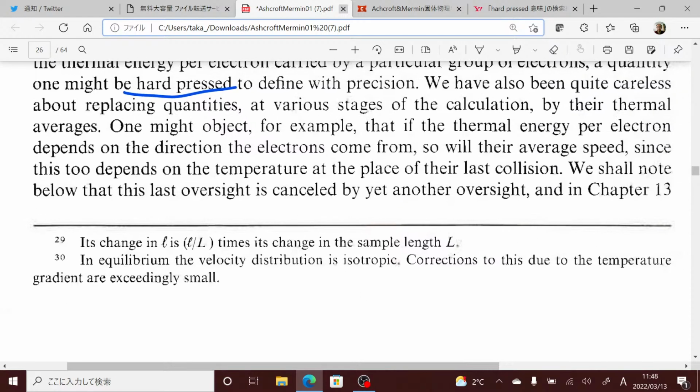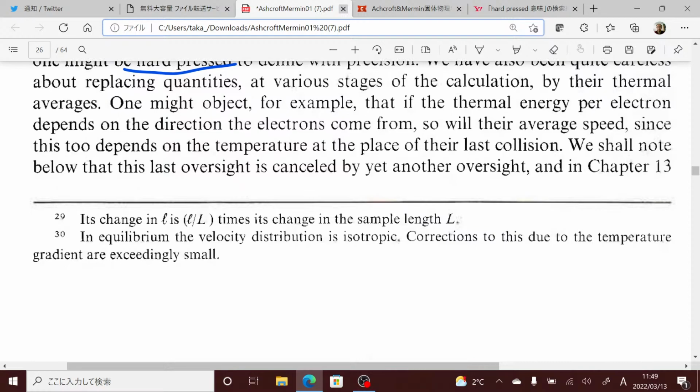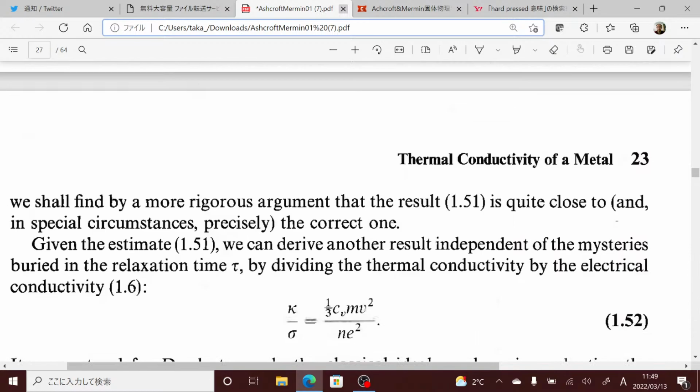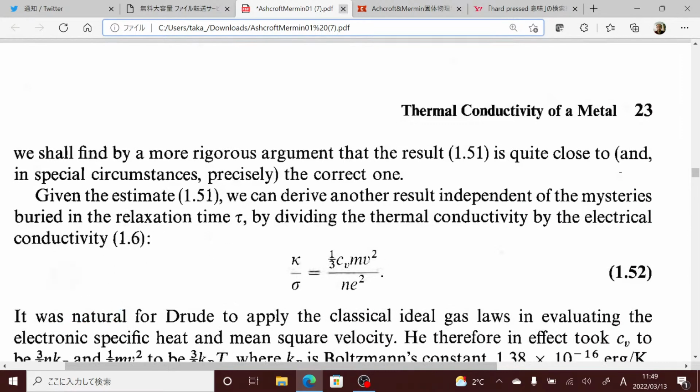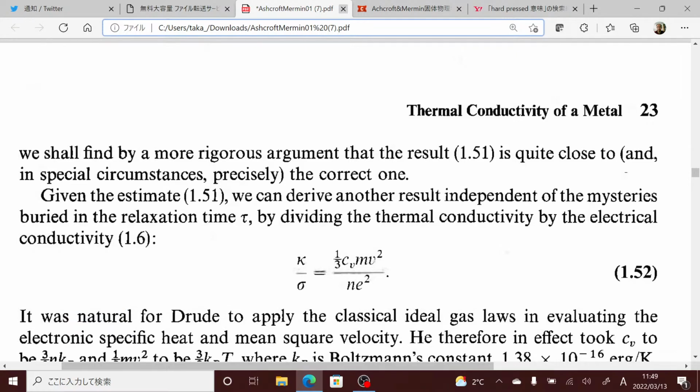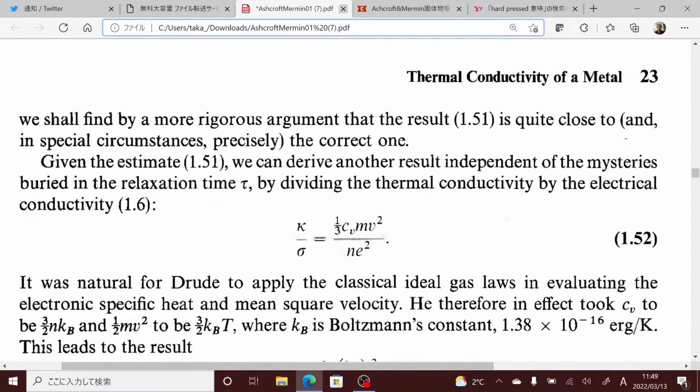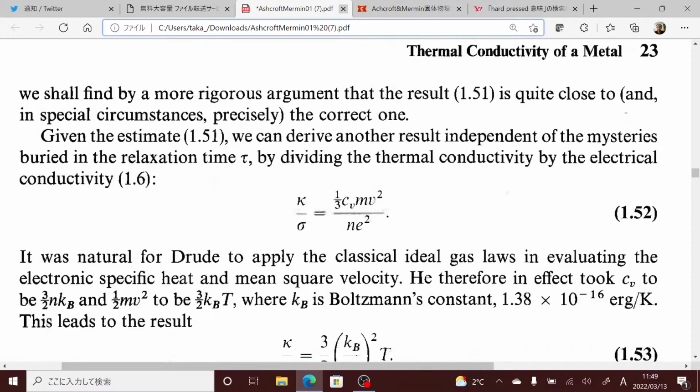We shall note below that this last oversight is cancelled by yet another oversight. And in chapter 13, we shall find by a more rigorous argument that the result 1.51 is quite close to, and in special circumstances, precisely the correct one.